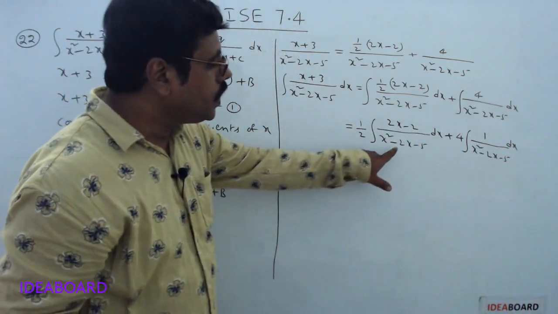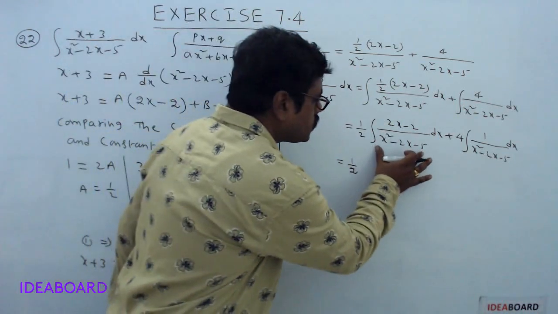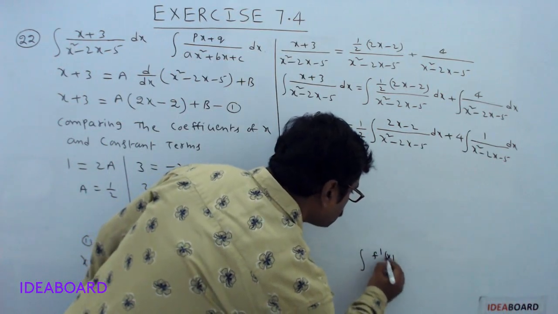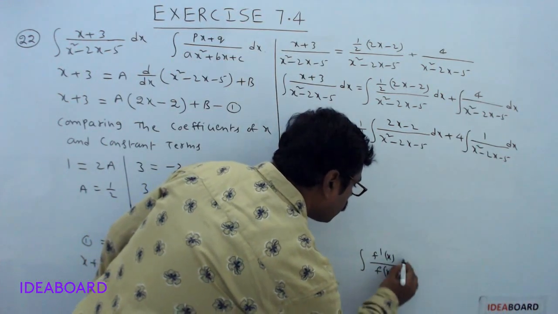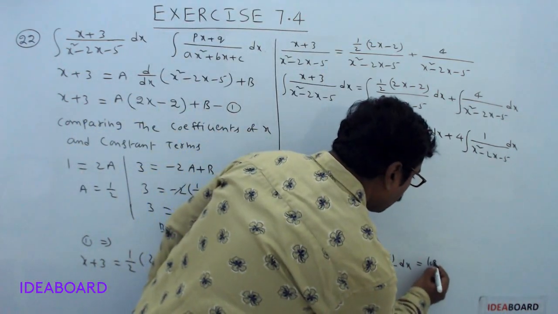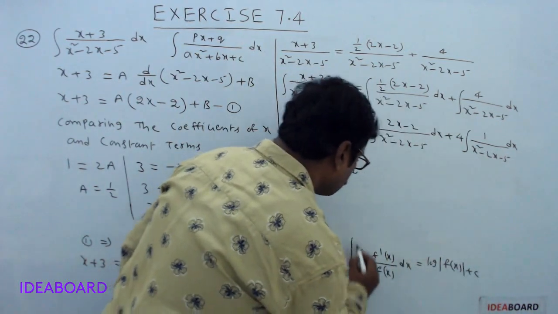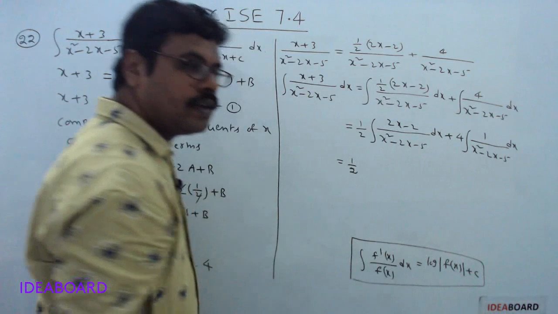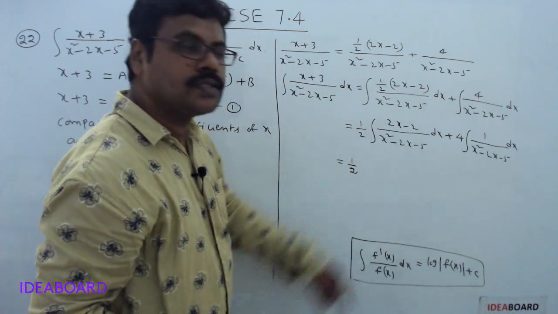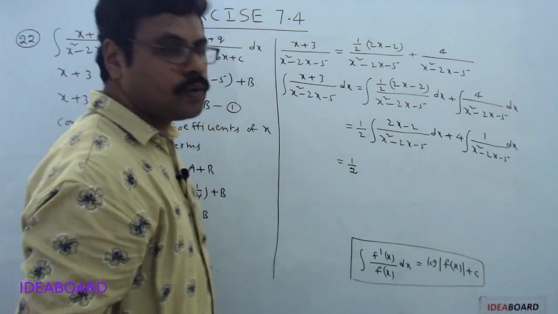It means the derivative of the denominator is in the numerator. Clearly this term is of the form ∫ f'(x)/f(x) dx. What is its formula? log|f(x)| plus some constant c. Here f(x) is x² − 2x − 5, and f'(x) is 2x − 2.